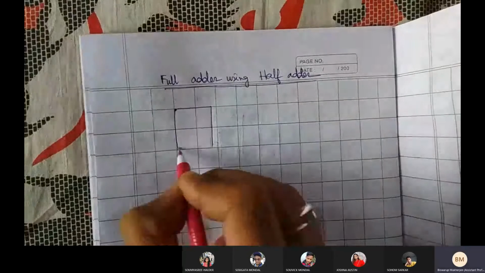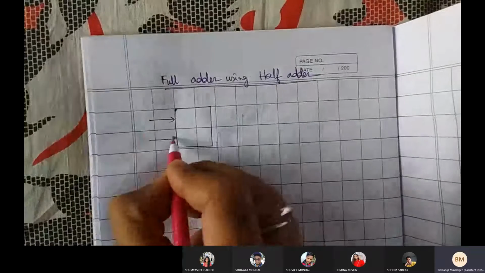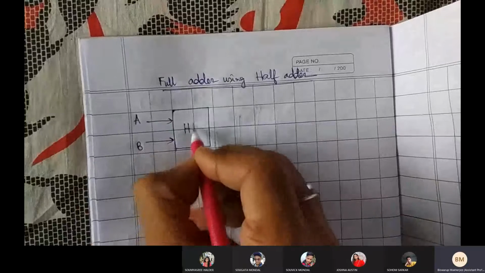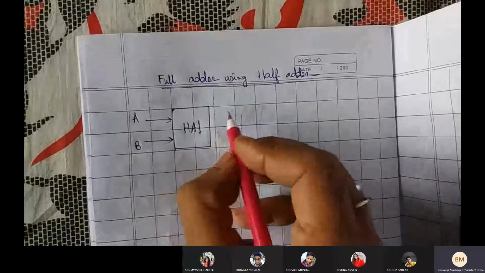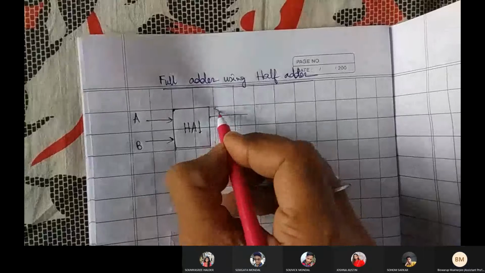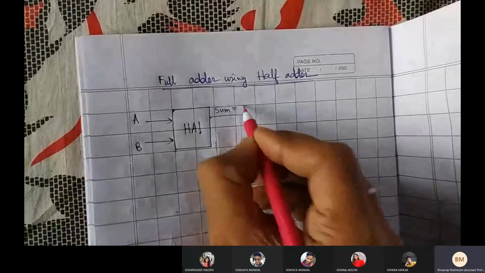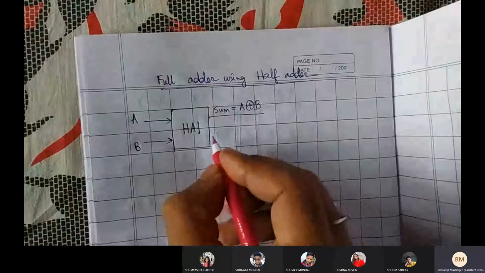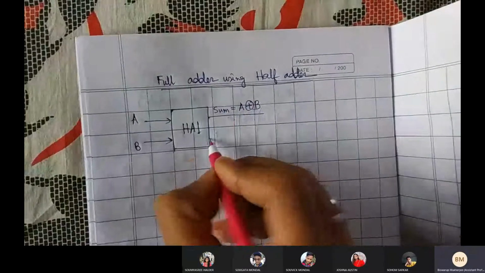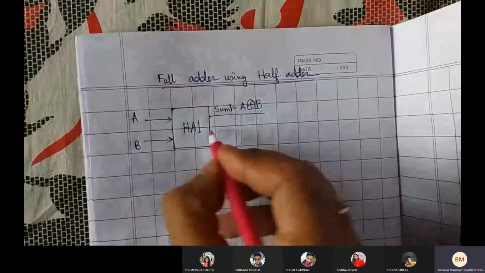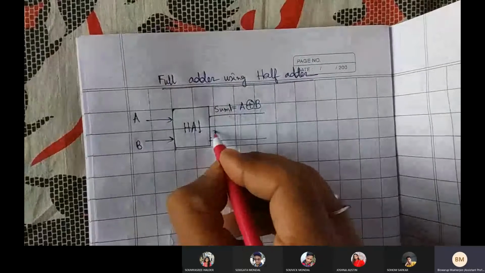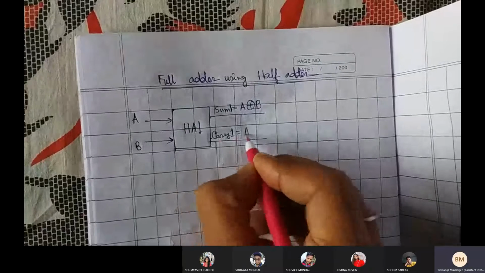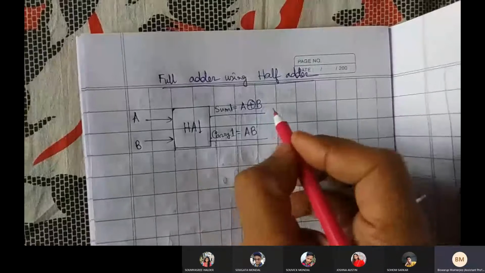One half adder will consist of two inputs A, B. So this is half adder one. It will have the sum equal to A XOR B, and maybe this is sum one. This is half adder one, so sum one and carry one, equal to AB, as simple as that.